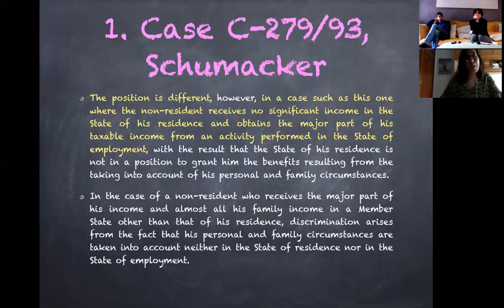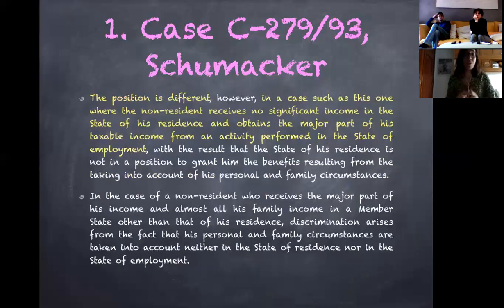So to sum up, in general, the ECJ understands that in the field of direct taxation, personal income taxation, resident and non-resident are not comparable. But in this situation in which the resident state cannot take into account the personal circumstances of the taxpayer, personal allowances, social security contributions, and so on, the source state is the one that has to ensure the application of the deduction of these expenses.